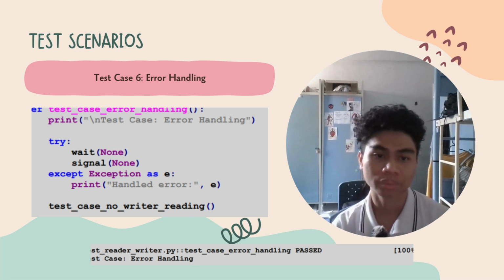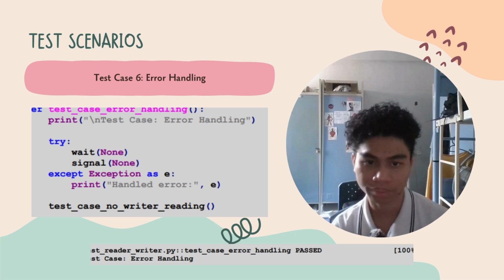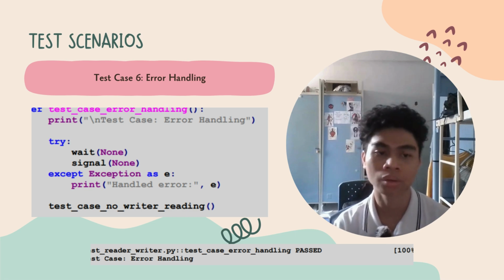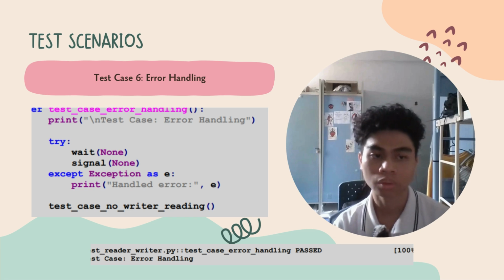So here we got the try and except block. It is used to handle any exceptions that may occur. Inside the try block, we got the wait(None) and signal(None) functions that are called with None argument, which is an invalid argument.